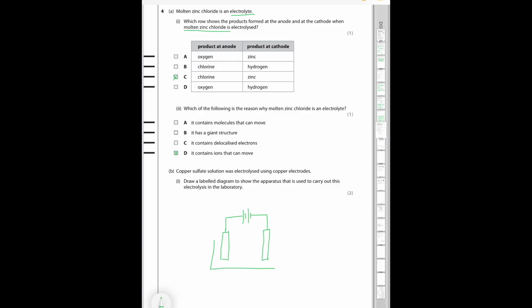And then the electrodes will be in the copper sulfate solution. So we have to label the copper sulfate solution. We can label our cathode and our anode. And here we've got our power supply.